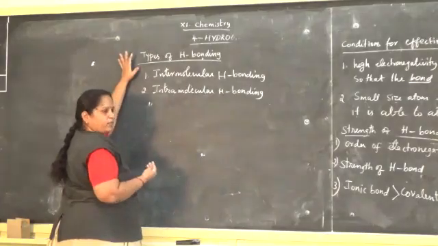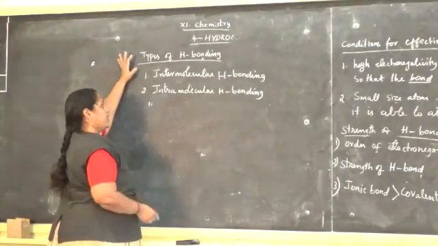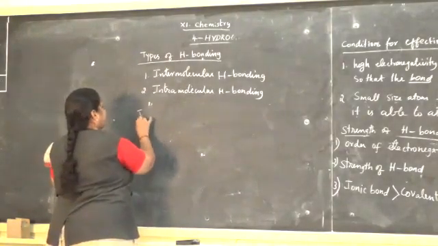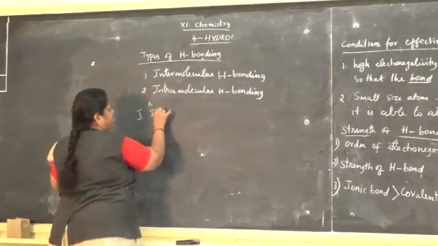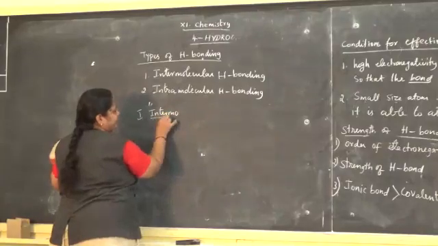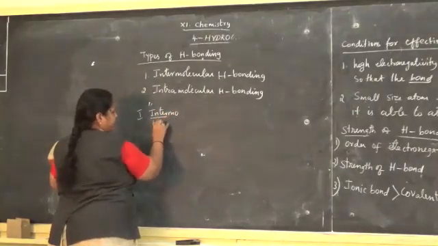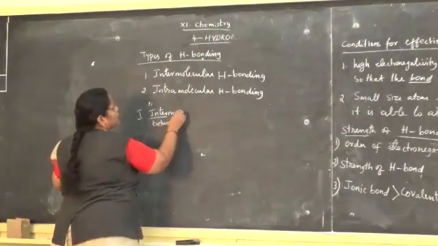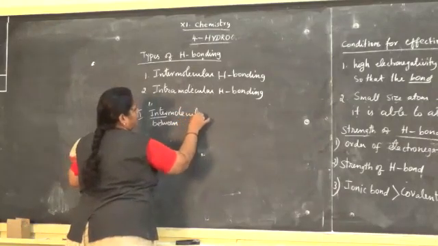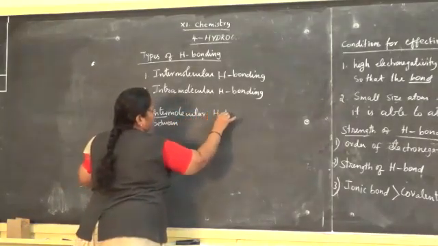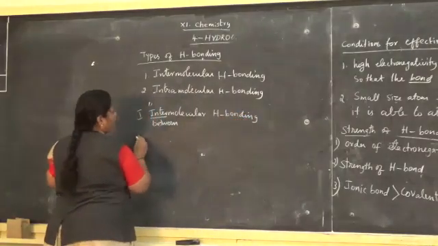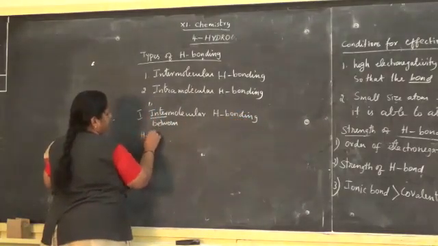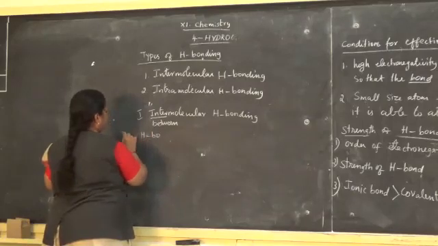It may be a simple molecule or a complex molecule. Now I write some examples for intermolecular hydrogen bonding. Inter means between.